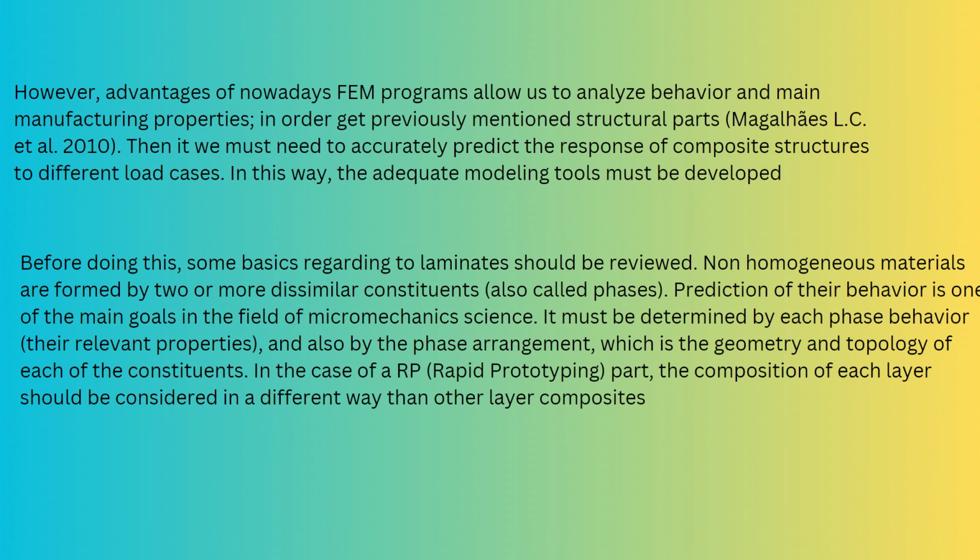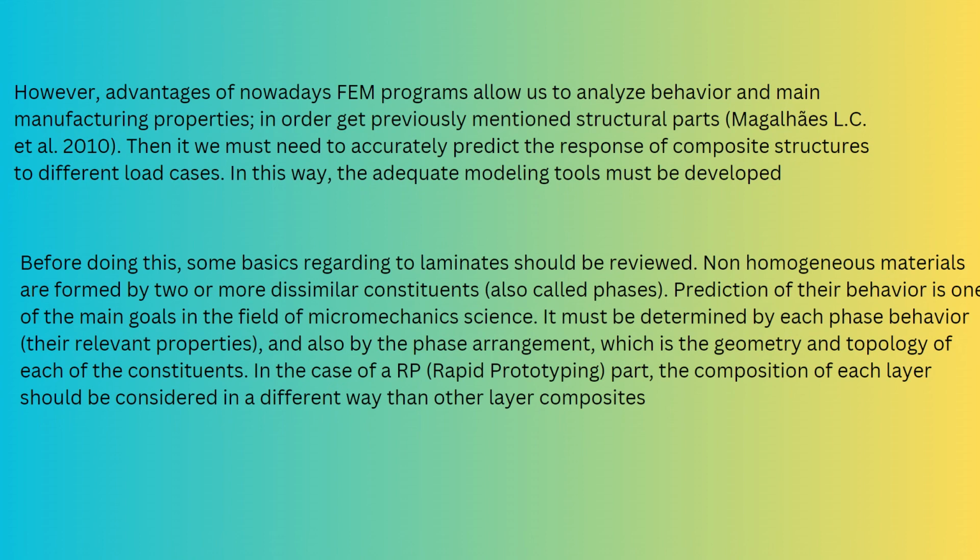Non-homogeneous materials are formed by two or more dissimilar constituents, also called phases. Predicting their behavior is one of the main goals in the field of micromechanics. It must be determined by each phase's behavior and also by the phase arrangement, which is the geometry and topology of each of the constituents.